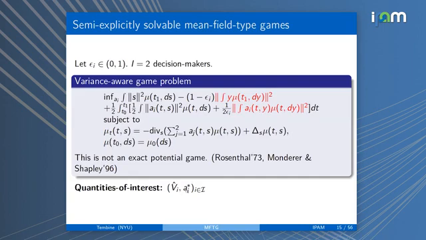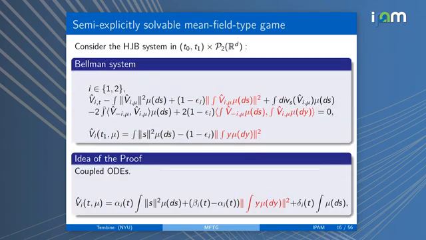So again, we want to find a value function and we want to find the optimal control. We'll use the same techniques, same procedure, and the value function will now solve a system of Bellman equations, i and minus i, because if i is 1, the minus i will be 2. Then the Wasserstein gradients appear, and this term and this term are related to covariance if you put them together, and the mean of the gradient square.